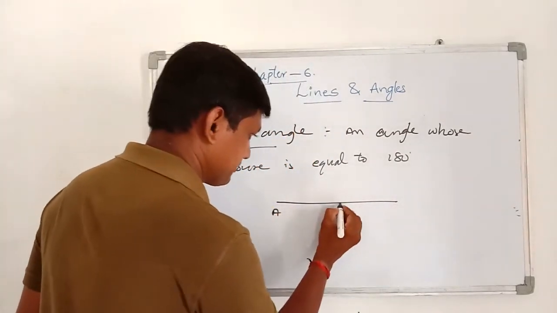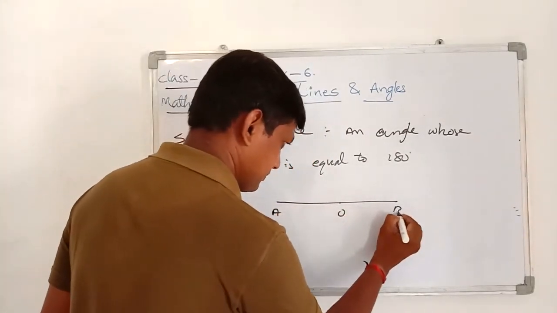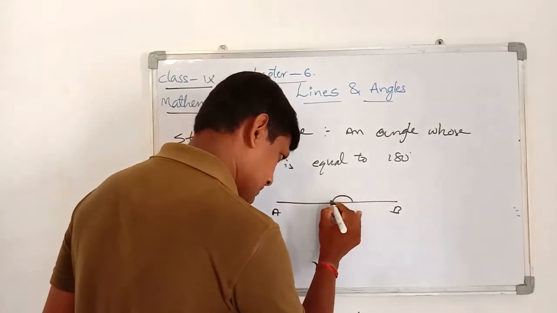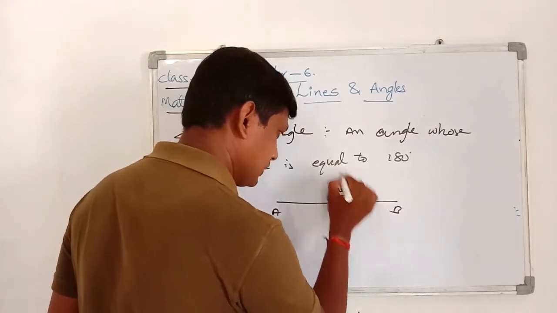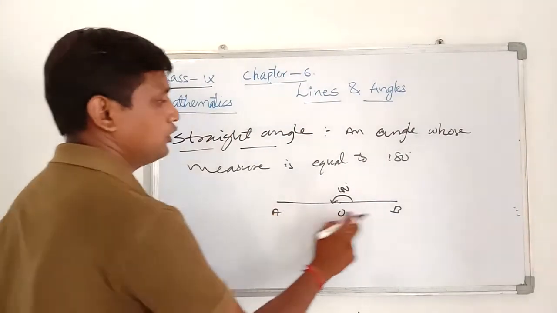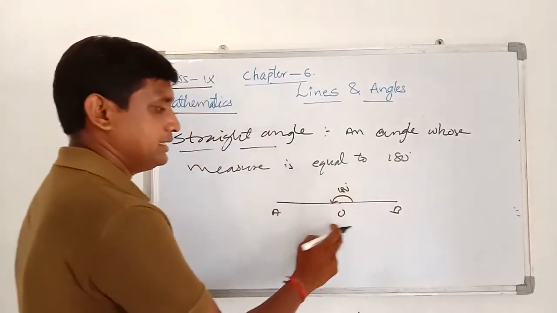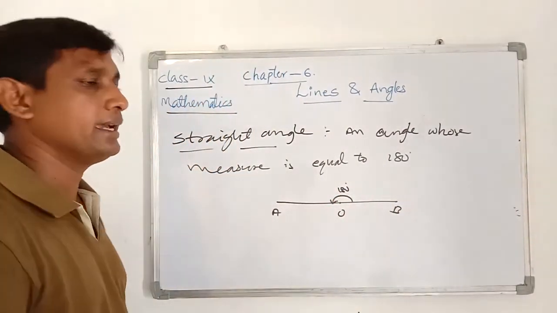Here this measure is equal to 180 degrees. Angle AOB is equal to 180. It is a straight line or a straight angle.